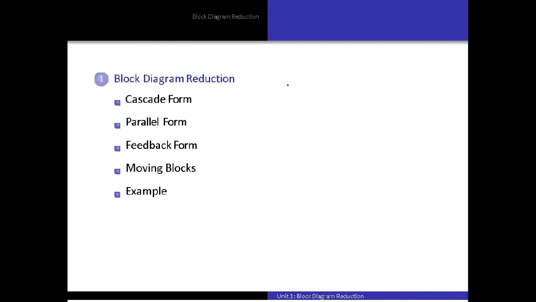Whenever we are converting any physical system into a block diagram representation, we have to deal with some forms: blocks can be connected in cascade form, in parallel form, or in feedback form, or we have to move some blocks to simplify the reduction. We are going to solve some examples on the basis of these different forms.